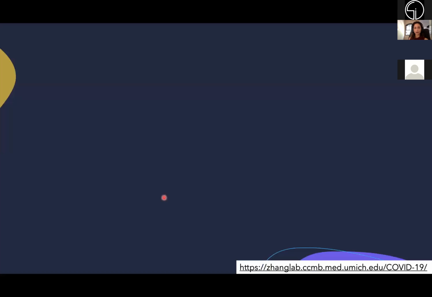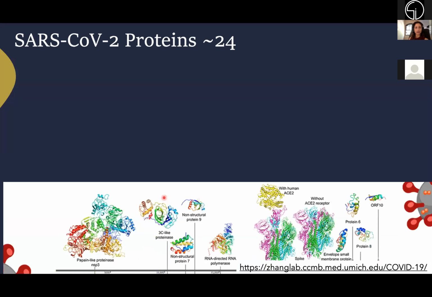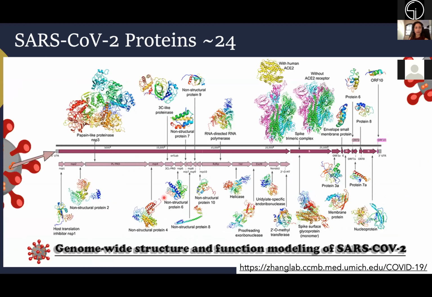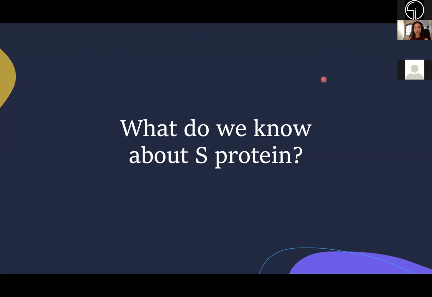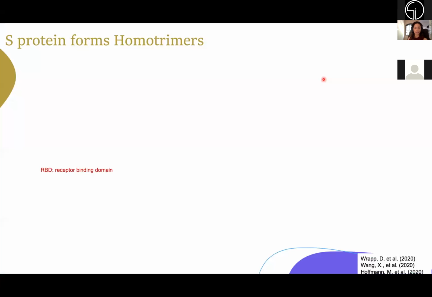So the spike protein is one of the most important proteins related to the invasion of human cells by the virus. Here is just a representation: SARS-CoV-2 has around 24 proteins, with some structural and non-structural proteins shown here, and we are looking at the spike protein shown here, okay? So what do we know about the S protein?